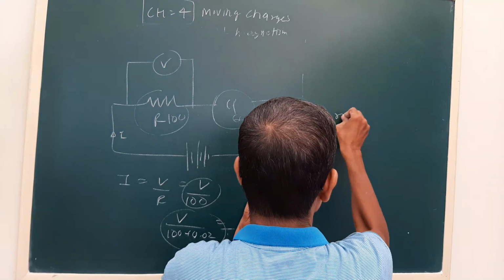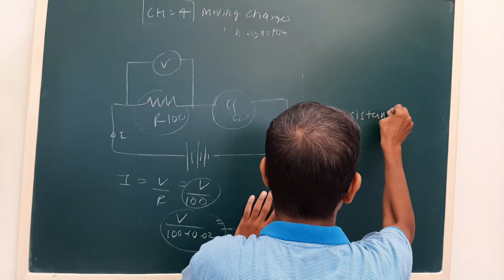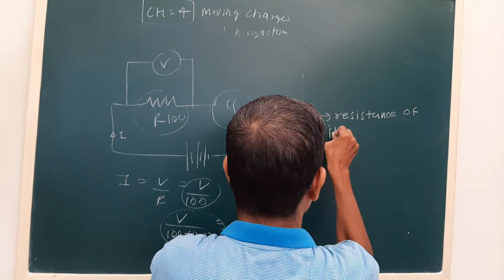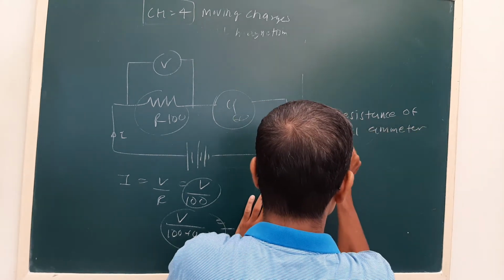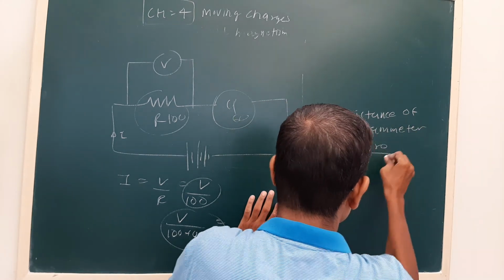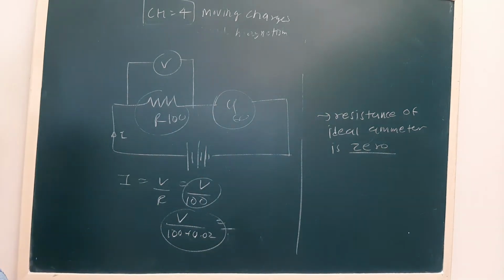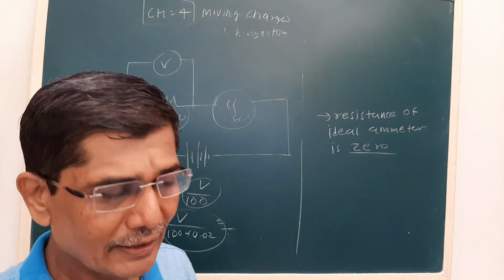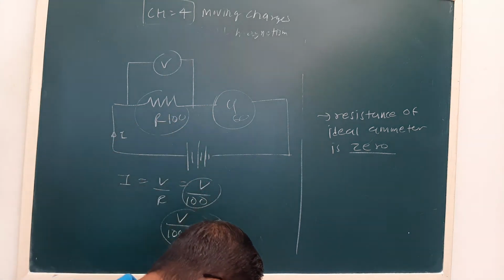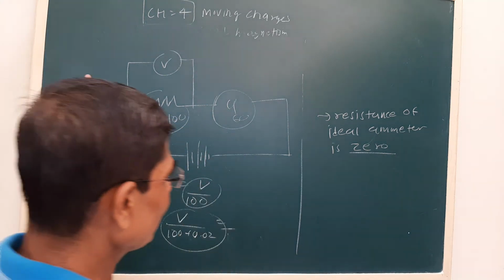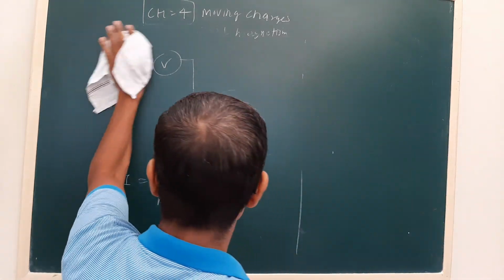So see, this is a theory part we have to remember. The resistance of an ideal ammeter is 0. Why? Because as I told, the current measuring device should have as little resistance as possible. So this is how we can convert a galvanometer into an ammeter. See, that is the formula of the shunt.